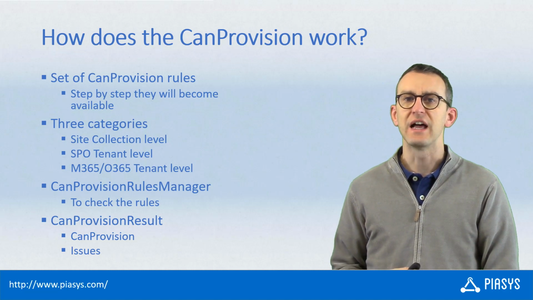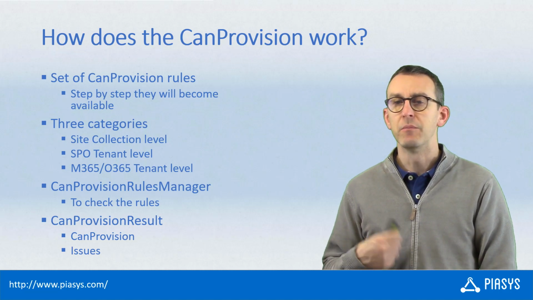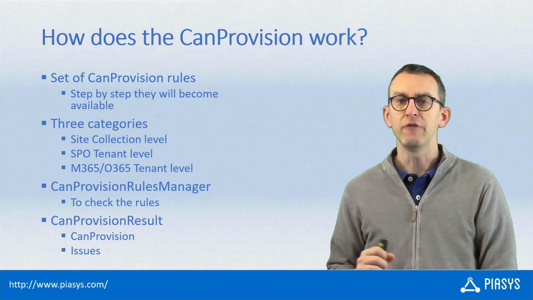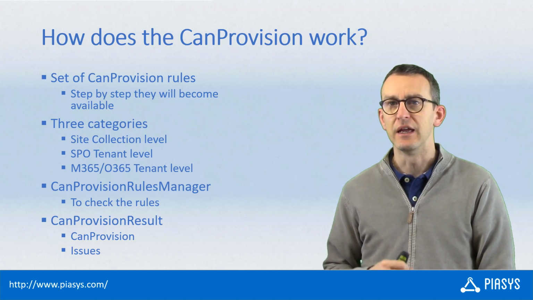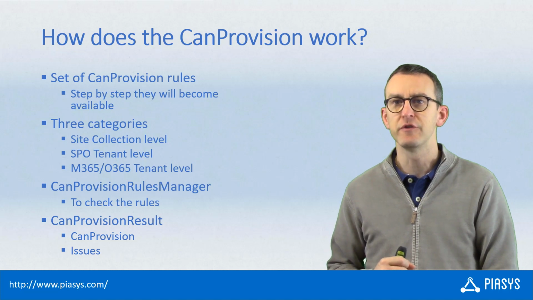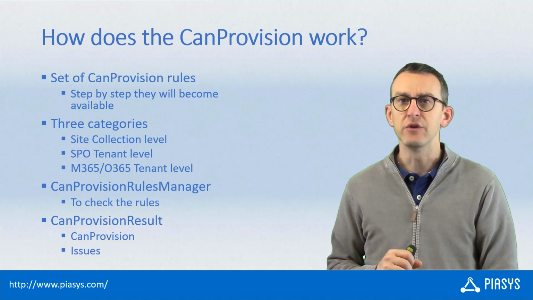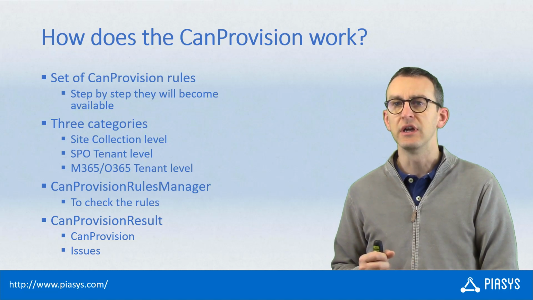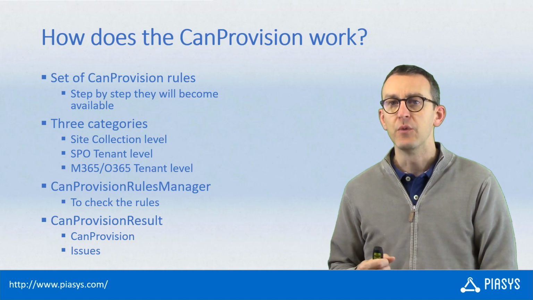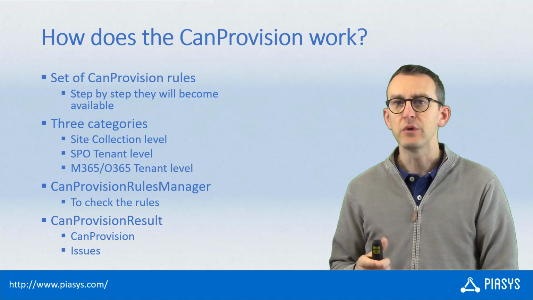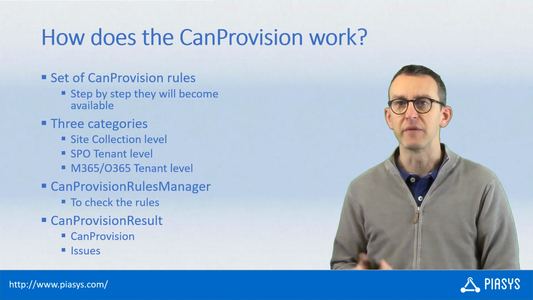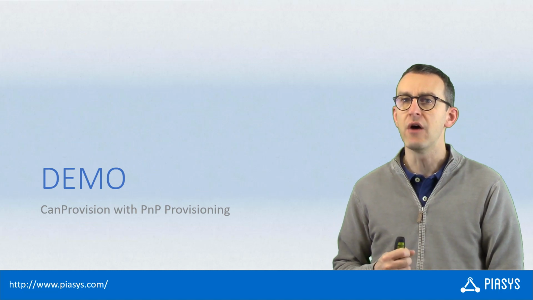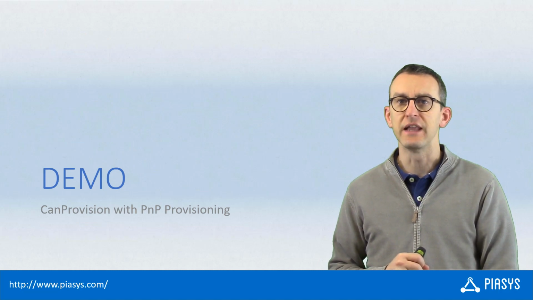The CanProvision result can give you a positive result in the CanProvision property, which is a Boolean one, or if it gives you back a false result, you will find in the issues collection a list of well defined, well described issues, which will help you to figure out what is missing from a prerequirements perspective. So, let me move to the demo environment and show you how you can use the CanProvision functionality in practice.